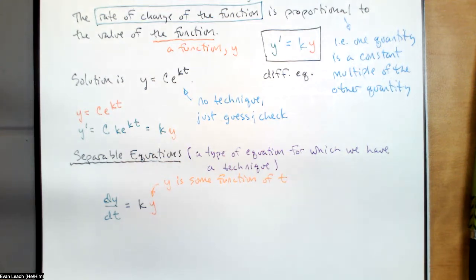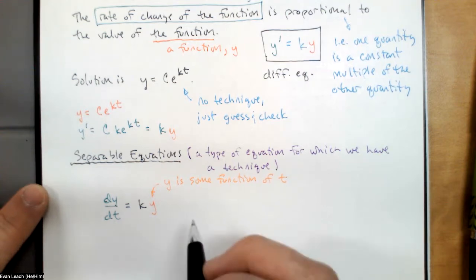I have y's and I have t's. I'm going to put the y on the left with the dy, and I'm going to move the dt over to the other side. So I'm going to have a y side and a t side. So we're going to separate the variables.